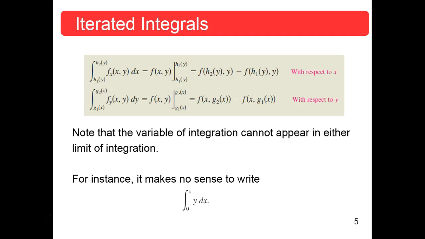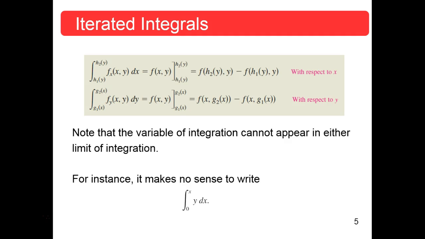So here we have an integral of the partial of a function of two variables, x and y, just the partial with respect to x. The limits are h1 of y and h2 of y. Notice there's no x's here because we're integrating over x, but there could be y variations there. If you take the partial with respect to x and integrate with respect to x, this just gives you the function f of x, y evaluated at these two boundaries.